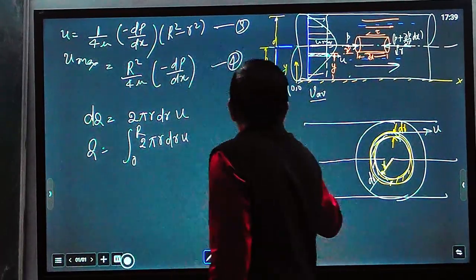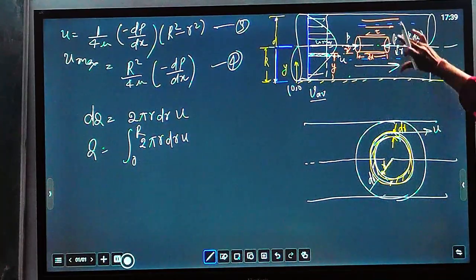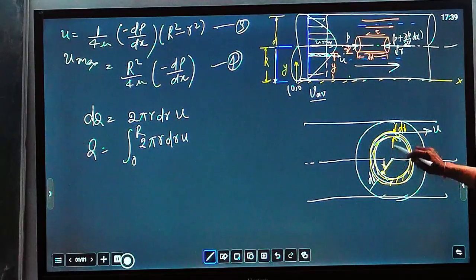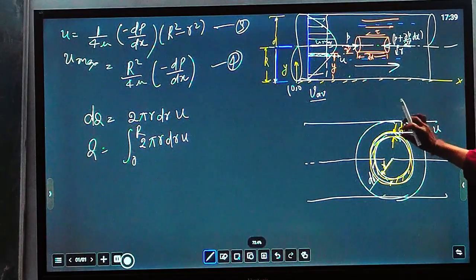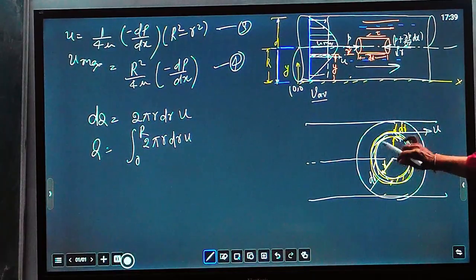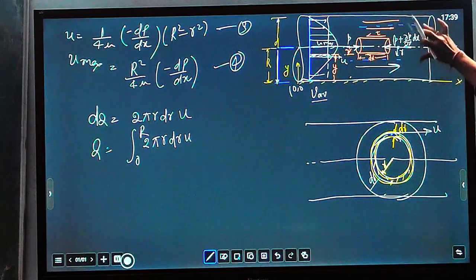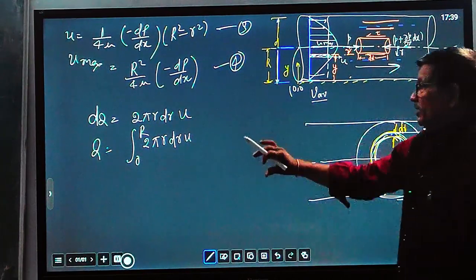R. If we integrate this strip from 0 to R, we get the full discharge from this pipe. A small quantity of fluid flows through this dr thickness strip, and integrating this small quantity dq for the whole cross section, we get total discharge.